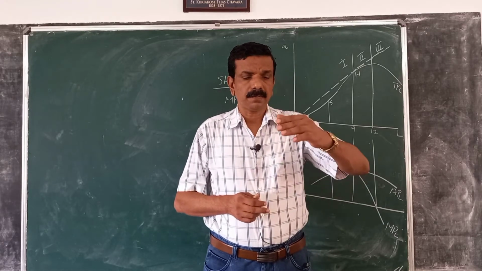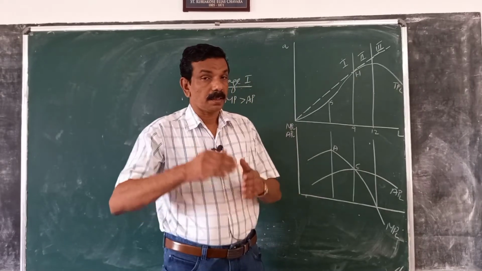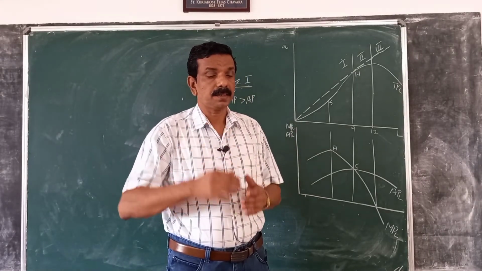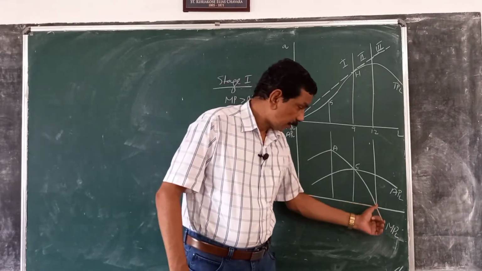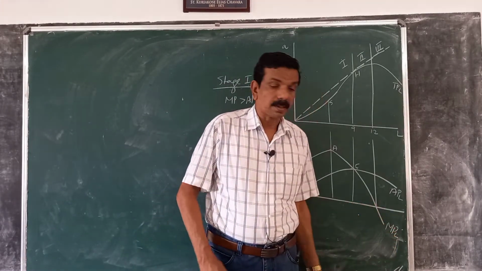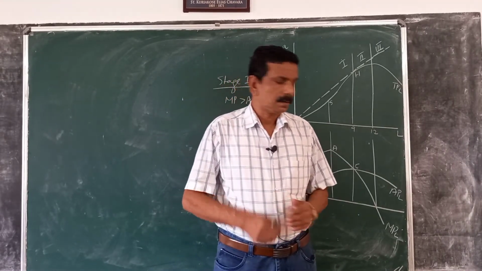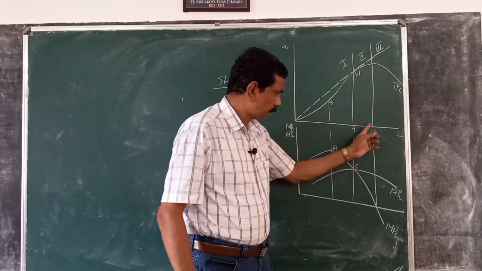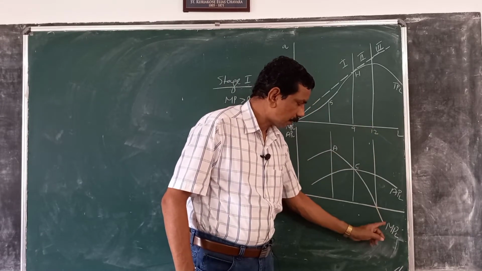So even if variable inputs are free, a rational, profit maximizing firm will not employ a level of input where marginal product is negative. So the third stage is the stage where MPL is 0 and beyond.